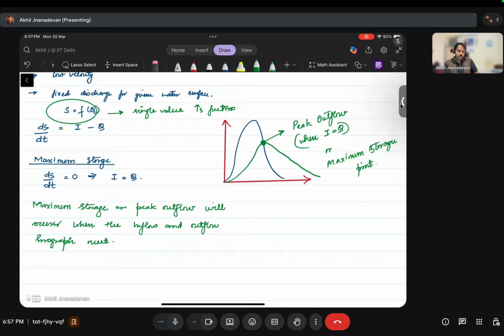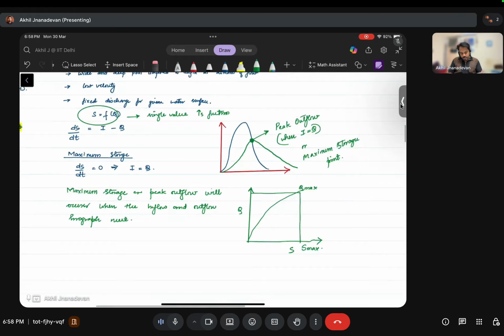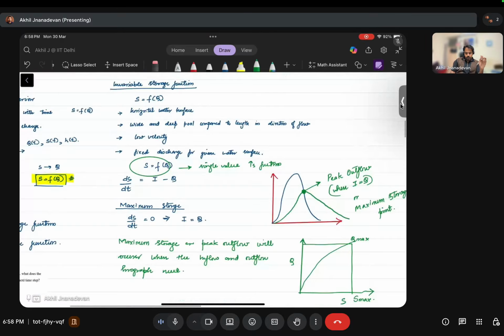And if you look at the relationship of storage with Q, it will be increasing like this, right? So we have the maximum Q, Q max, and we have S max, right? So this is the case for an invariable storage function.